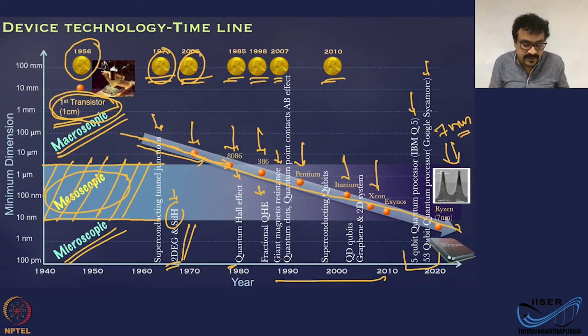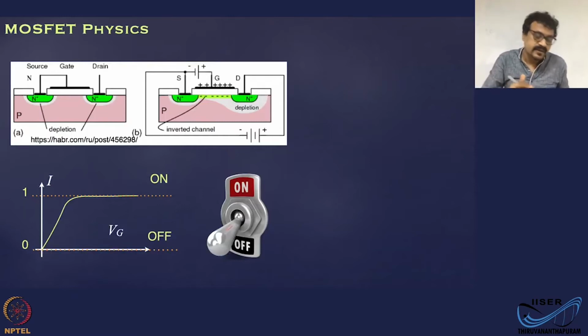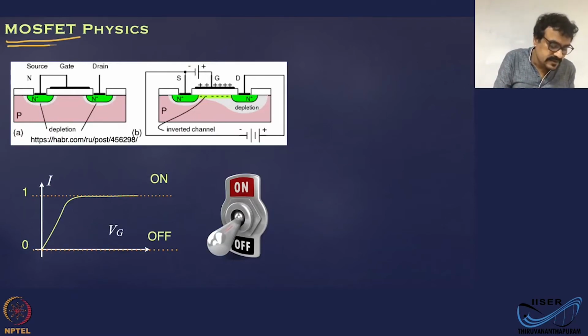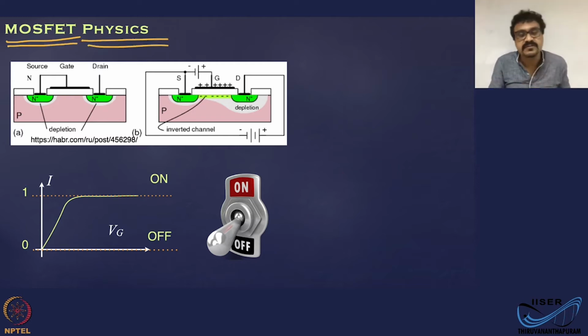Now, when we talk about electrical devices and transport, this term MOSFET, metal oxide semiconductor field effect transistor, is something we always have to refer to, or we always have to understand, without which we cannot discuss this course, or we cannot go further.